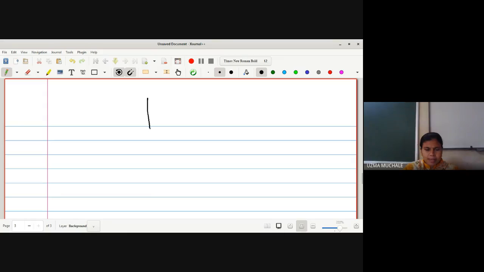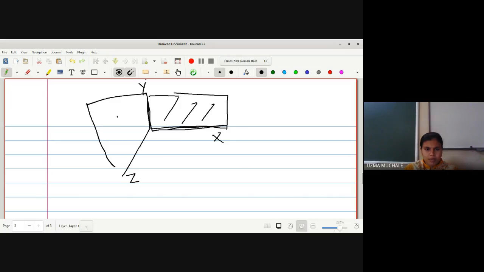Okay, let me draw the simple one, which you already know. This is your 3D space. Okay, name this as X. This is say Y and this is Z. This plane is nothing but your XY plane. This plane is nothing but your YZ plane. And this is your XZ plane.